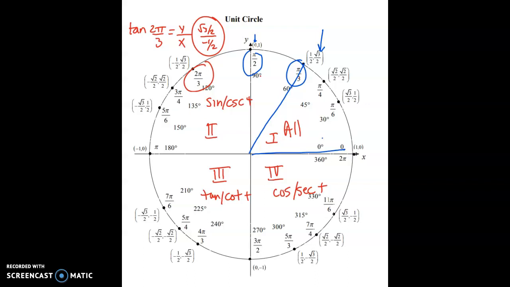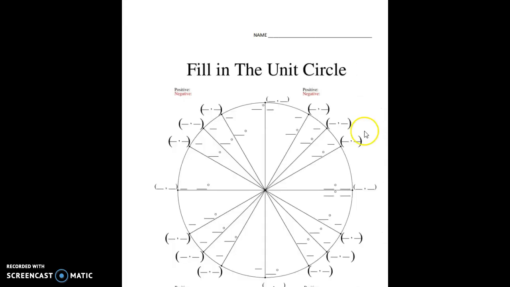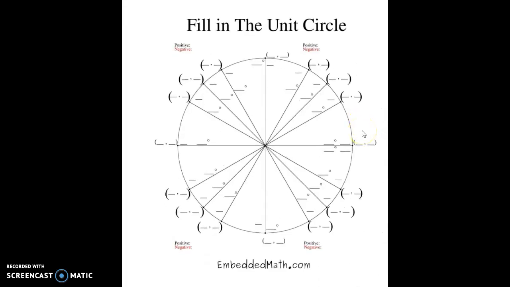Now, having this unit circle memorized or created is another process. So let's take a look at how we can make a unit circle and be able to fill it in from scratch. So if you needed to draw this on a piece of paper, how could you do it?